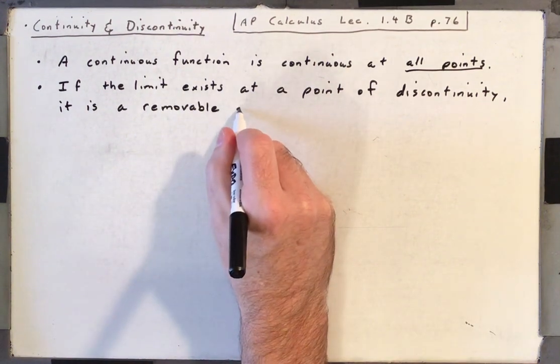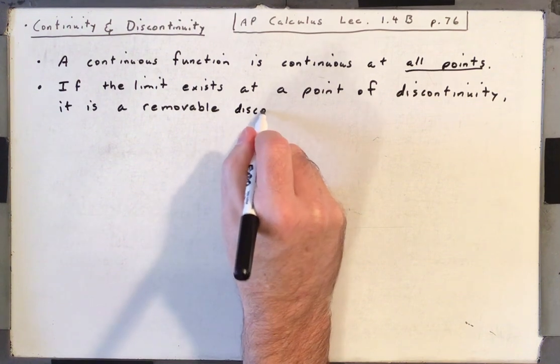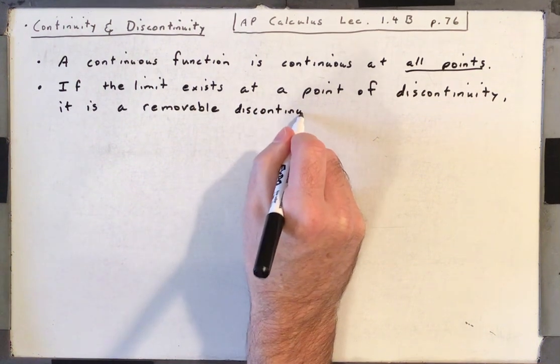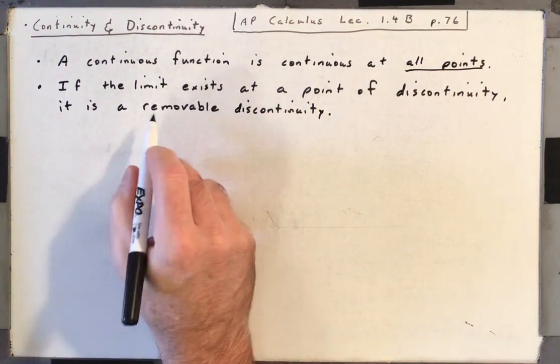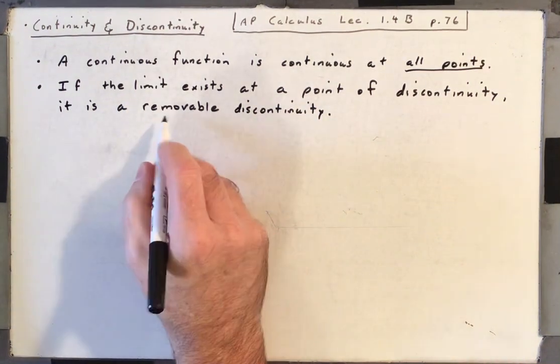A removable discontinuity: if you can take a limit, basically what we're talking about is a hole.